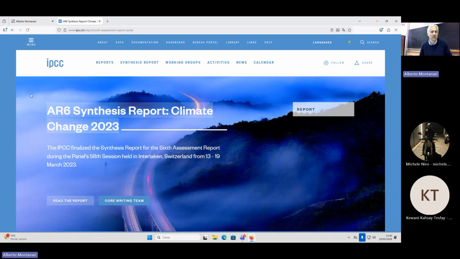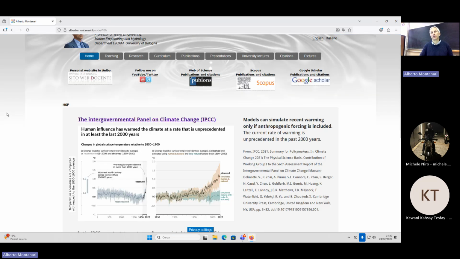The scientist has not this attitude, but not for lack of responsibility. It's just for a different operational setting. But again, I think it's a nonsense discussion. Let's forget about the IPCC and let's look at what they say.